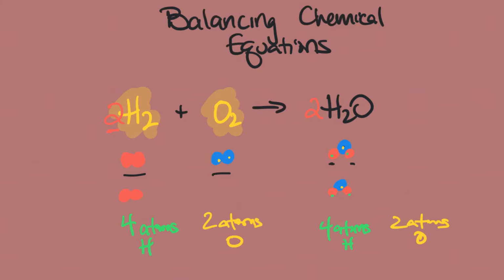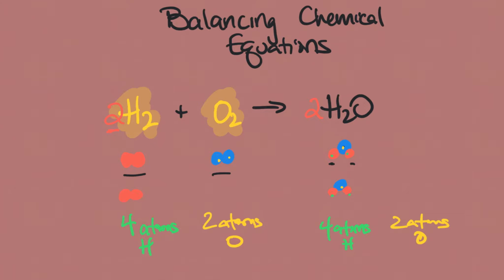So we have 4 atoms of hydrogen here. On the left side, I have 2 atoms of oxygen, and on the product side, I have 2 atoms of oxygen. So here we meet the law of conservation of mass.